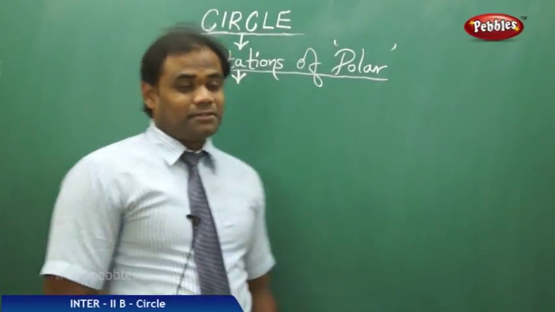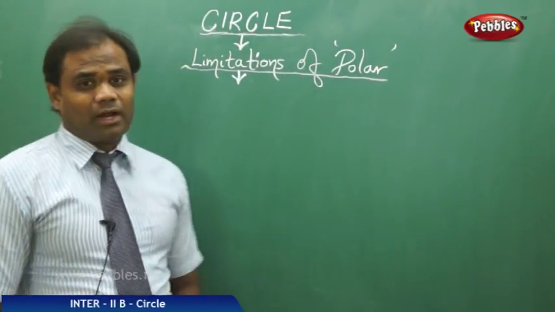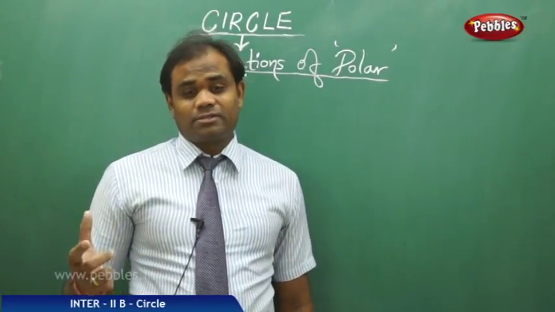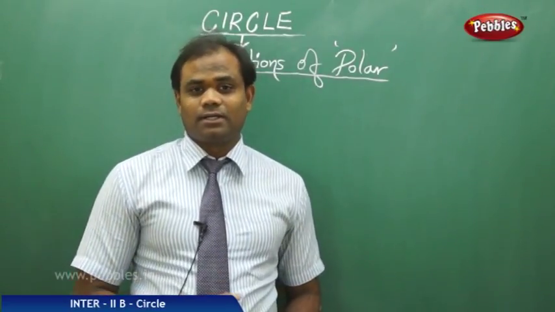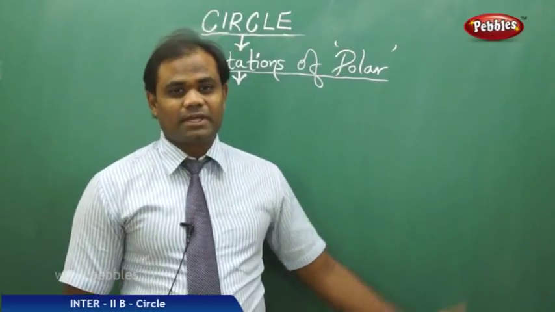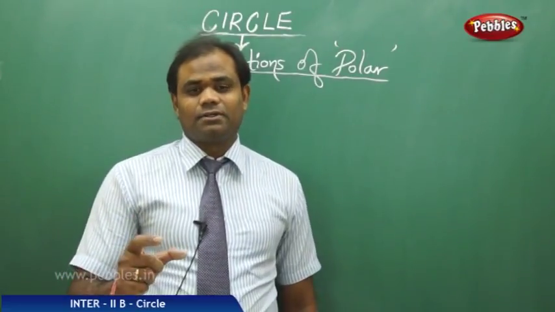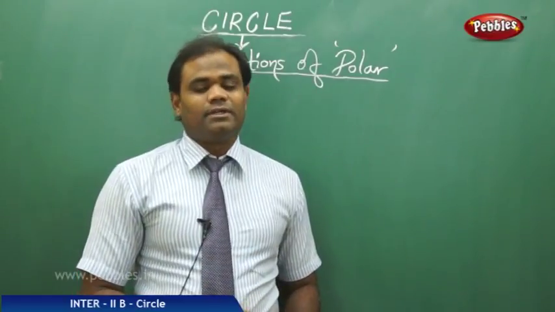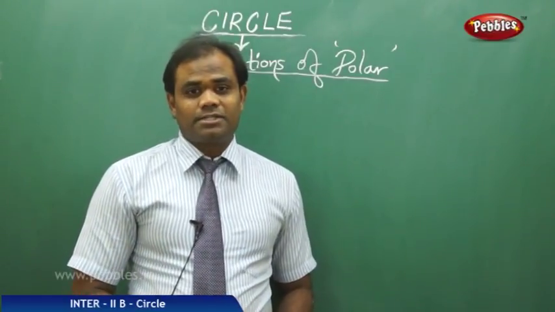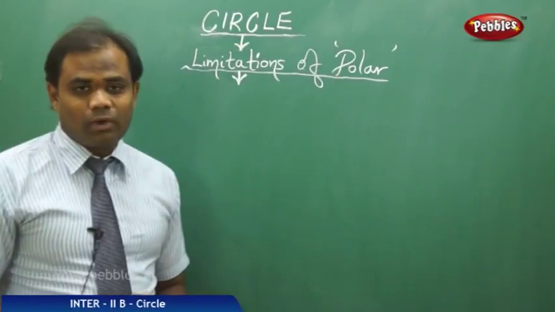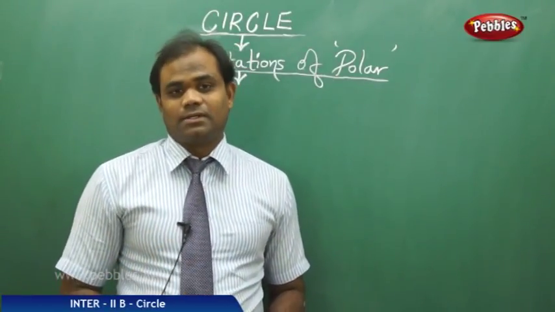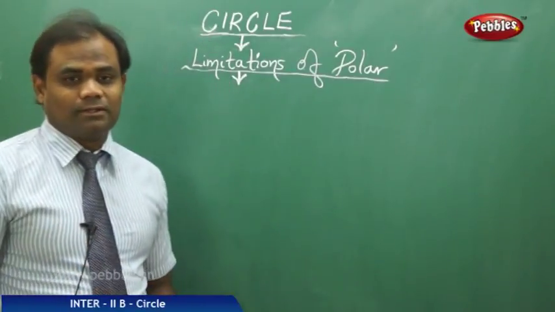Now let's see the limitations of the polar, that is, what happens when the pole P (x1, y1) is at the center of the circle. In the previous cases I accepted that P lies elsewhere, so that we can define a polar. So let's take an exclusive look at why the polar does not exist when the pole lies at the center of the circle.